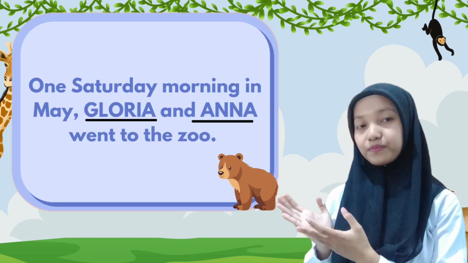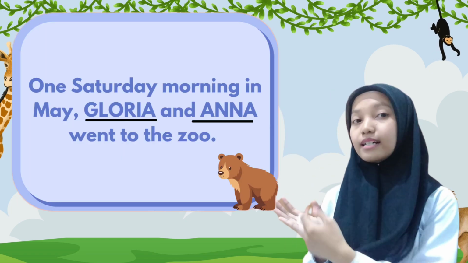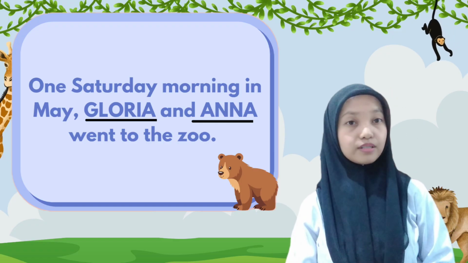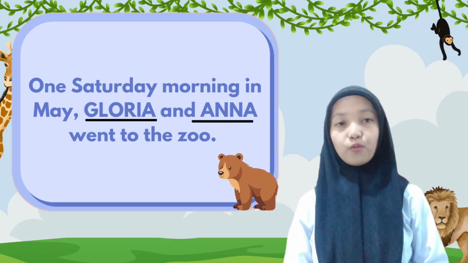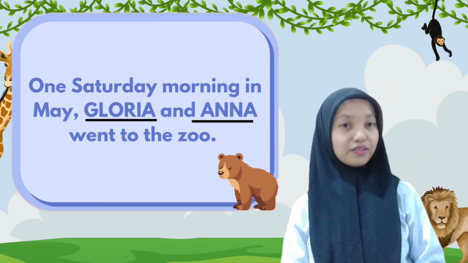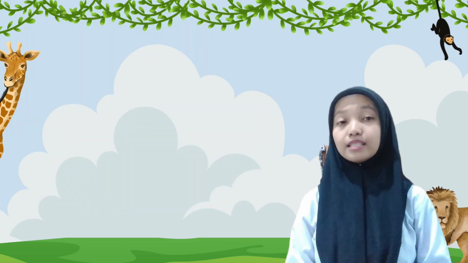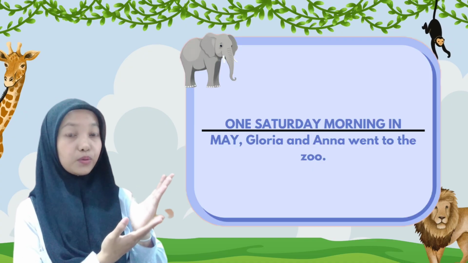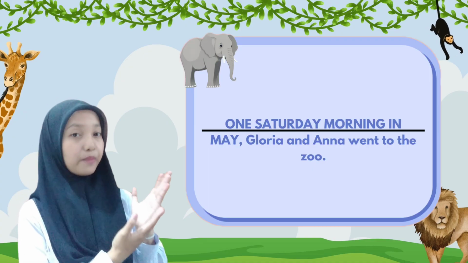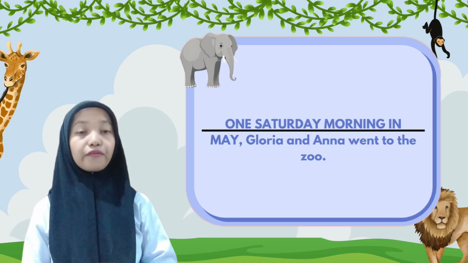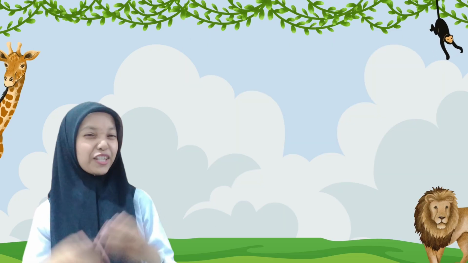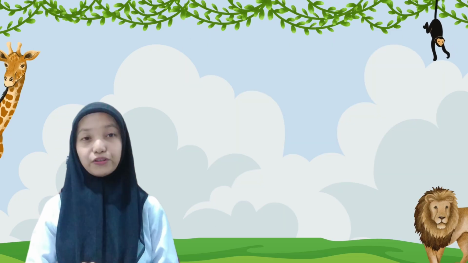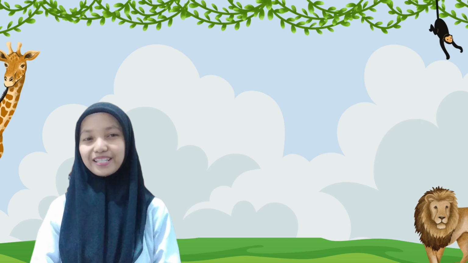The example here, the words Gloria, Anna, refer to a person or someone, so we use personal participant. Then, the last one is using adverb of time. The example here, the words one Saturday morning in May, refer to time. Okay, great. That's all about the language features of the recount text.